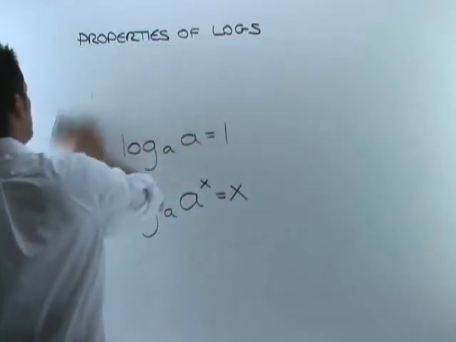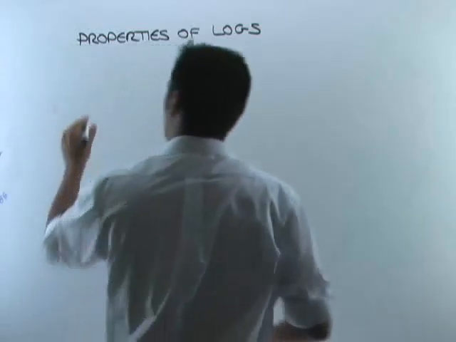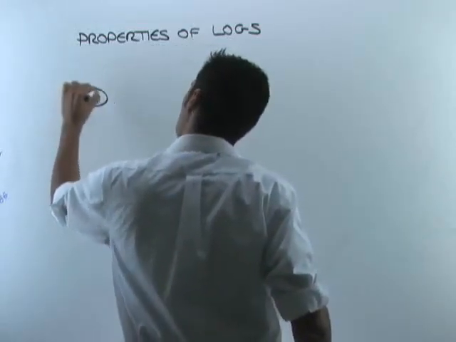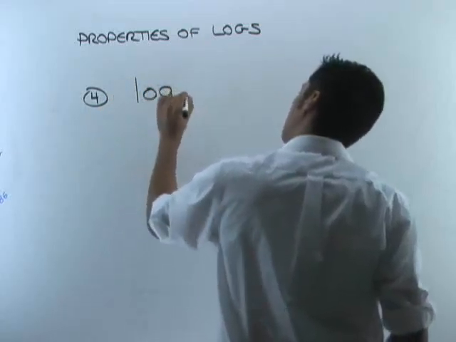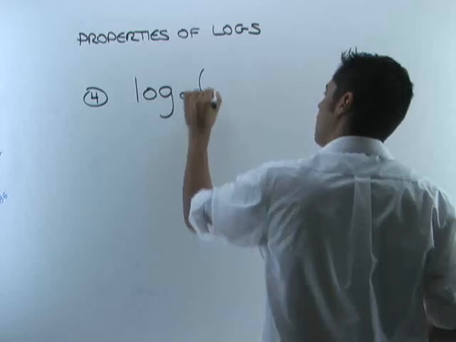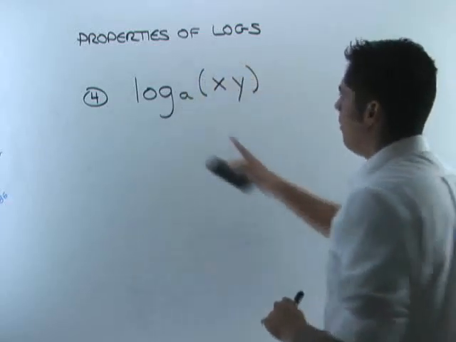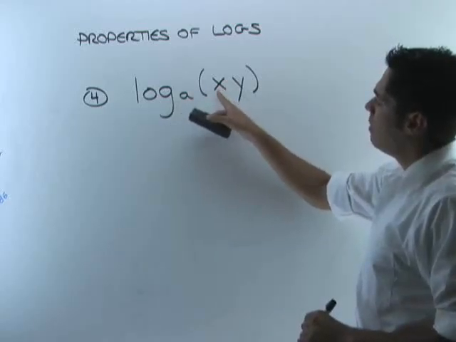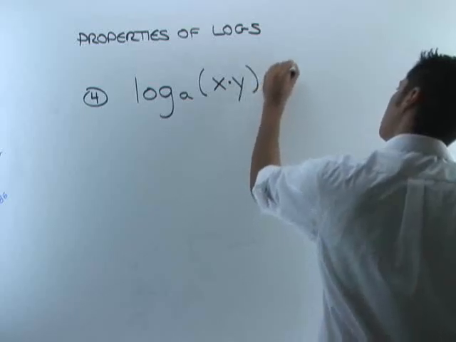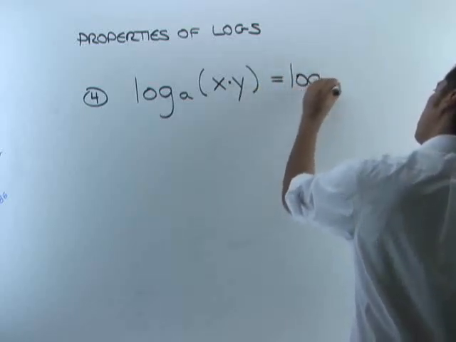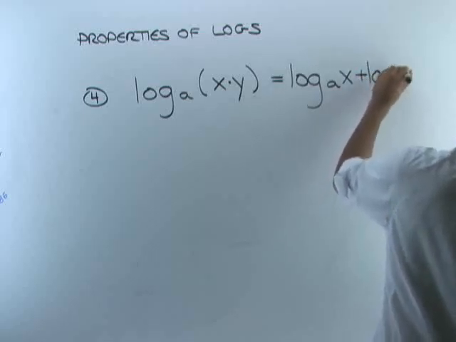Now let's move on to another property of logs. I'll call this property 4. It's the product property. So let's say I have a log, and inside I have a product, x times y. So you have one log, and inside it you have two things being multiplied. Well, this property says that this is the same as log base a of x plus log base a of y.